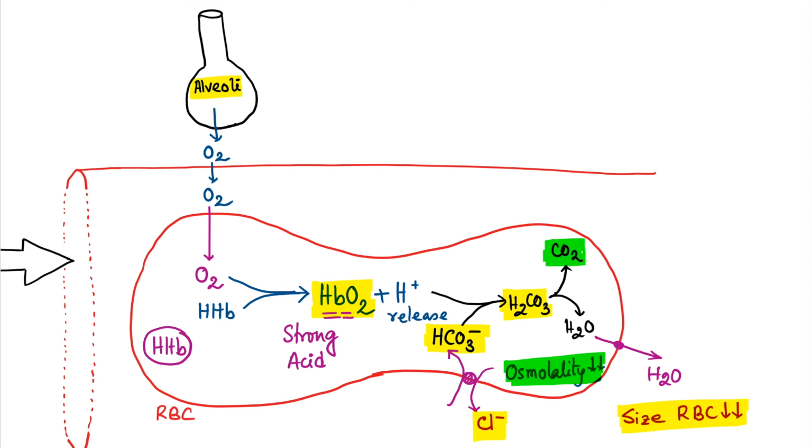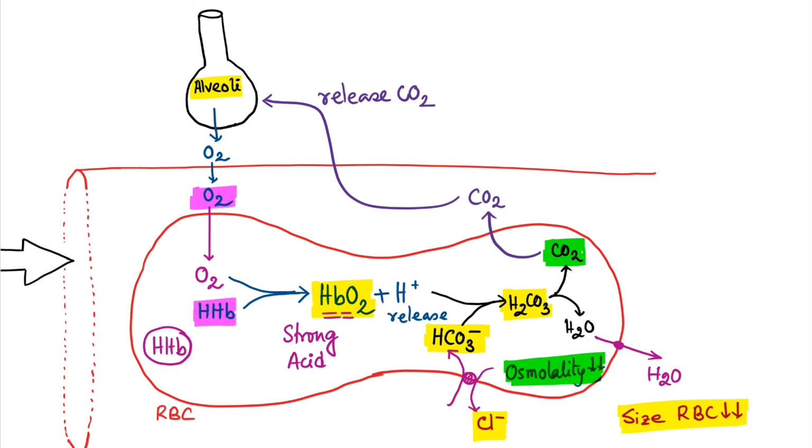Carbon dioxide, being a gaseous molecule, will easily penetrate the RBC membrane, and from there it will be released at the level of alveoli. So I can say that in the presence of oxygen, the hemoglobin molecule is releasing its carbon dioxide.